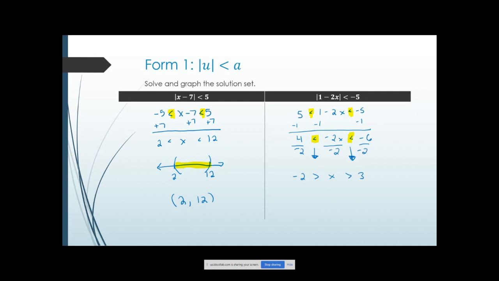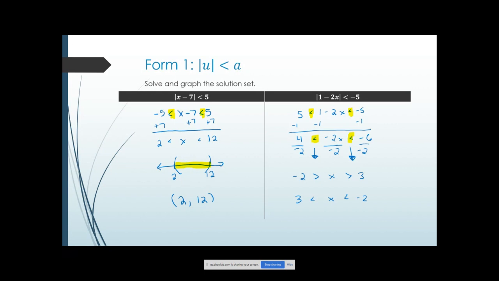And now we still have the less than, or the small. The key here is we want to have the smaller number on the left, it's easier to think of as read it left to right. So we want to do the mirror image. That means I've got 3 less than x less than -2.